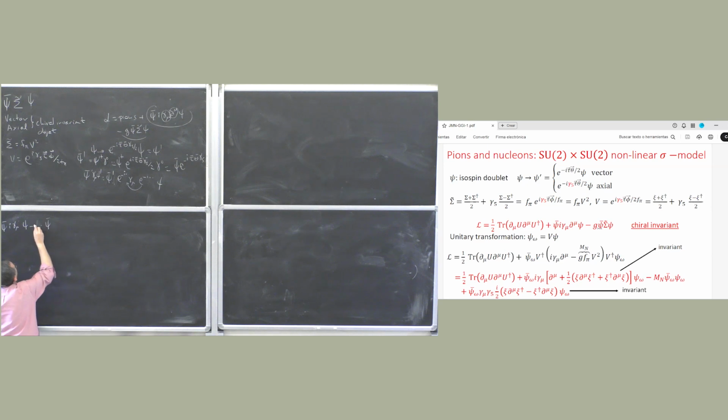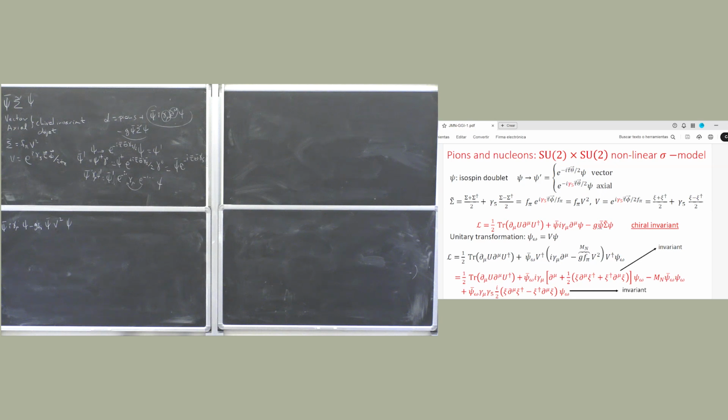So let me put here minus g f pi B squared. B doesn't have anything to do with vector. It's just a matrix that I call V, right? B squared, and here I have psi.